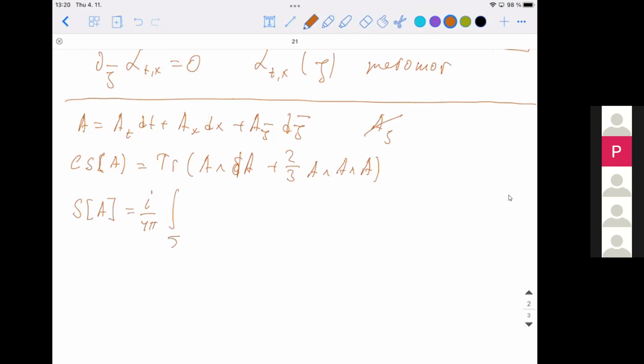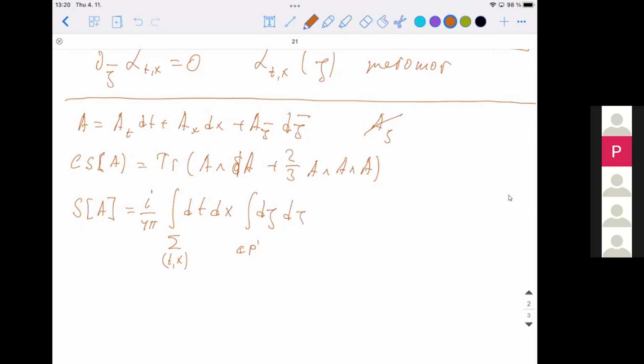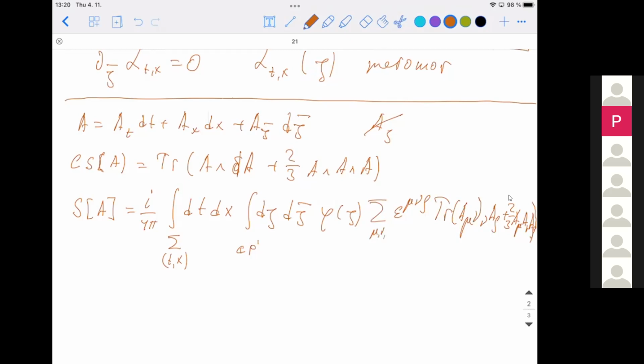Sigma is a two-dimensional space depending on t and x, and then we have CP1, dz bar, f z, and this Chern-Simons part, epsilon mu nu rho trace of A mu d nu A rho plus 2/3 A mu A nu A rho, where mu, nu, rho are in 3 dimensions.